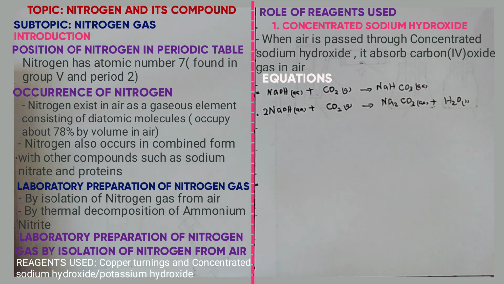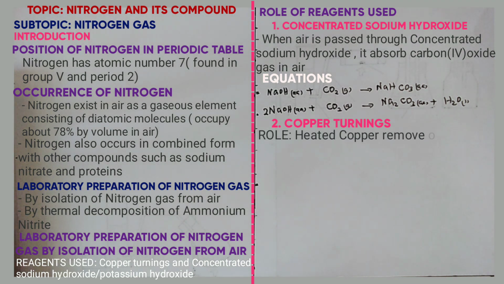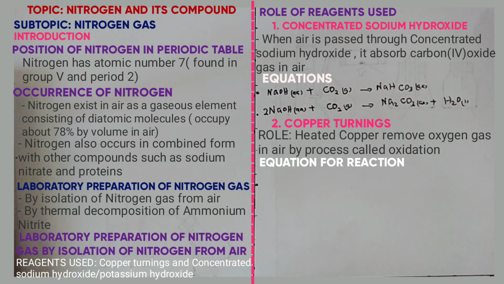Now the next thing we look at is copper turnings. The role of copper turnings: heated copper removes oxygen in air by a process called oxidation. Now the equation for the reaction there is copper plus oxygen gives you copper(II) oxide.